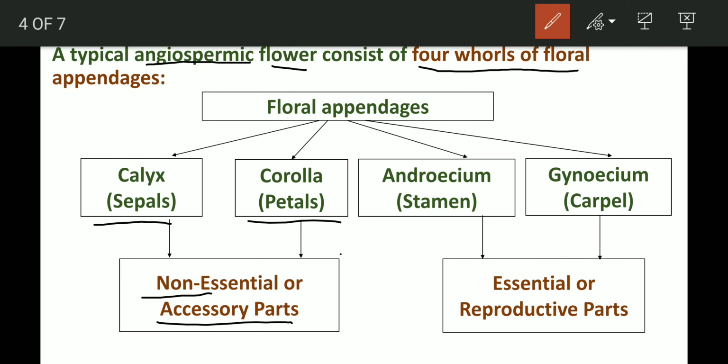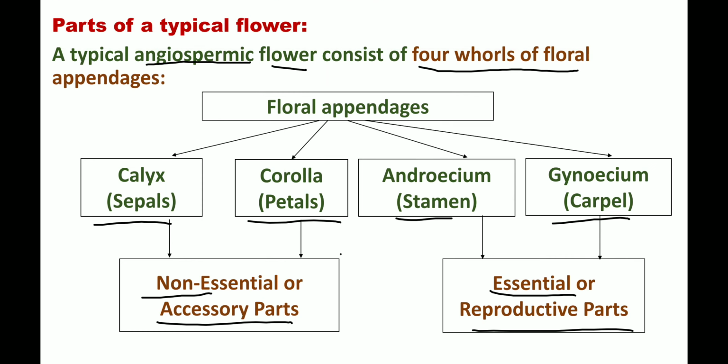And androecium and gynoecium are the main reproductive parts, they have the major role in reproduction, so they are called the essential reproductive parts of the flower. Is it clear to all of you now?